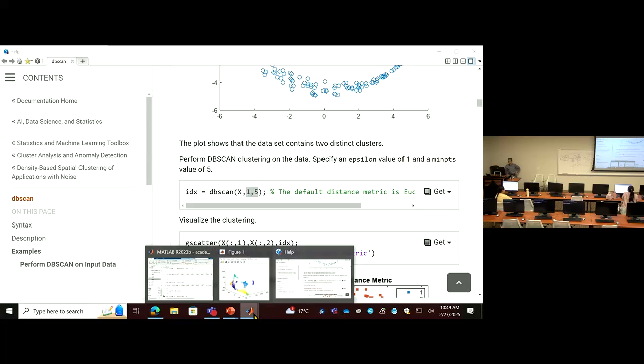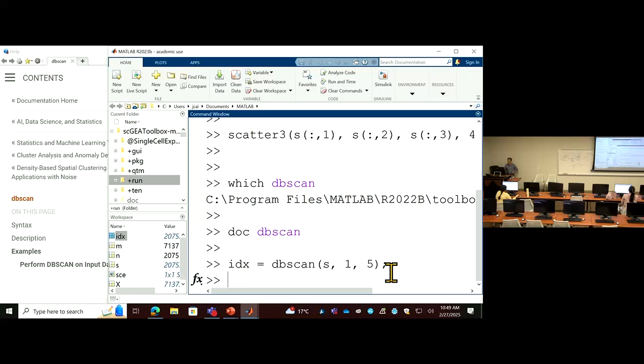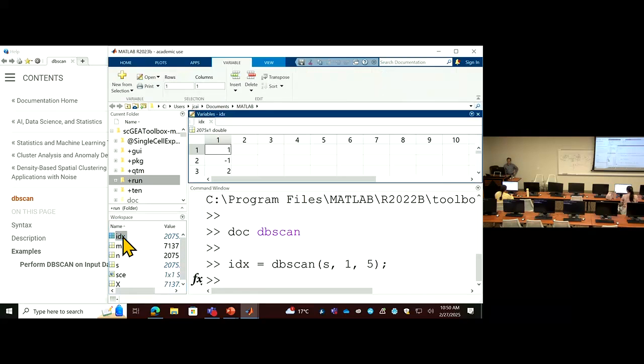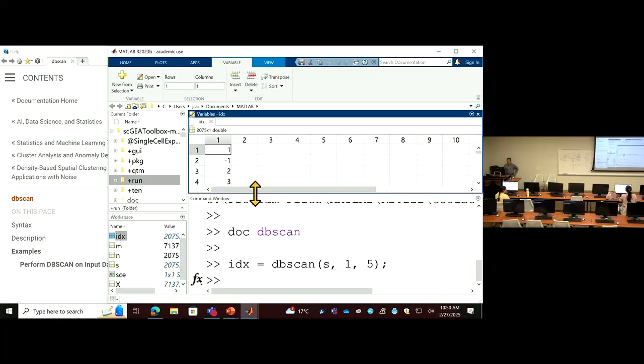So we can probably try 1 and 5 and see what we get. The output is the same. It's an index. There's -1. I assume -1 just indicates outliers.